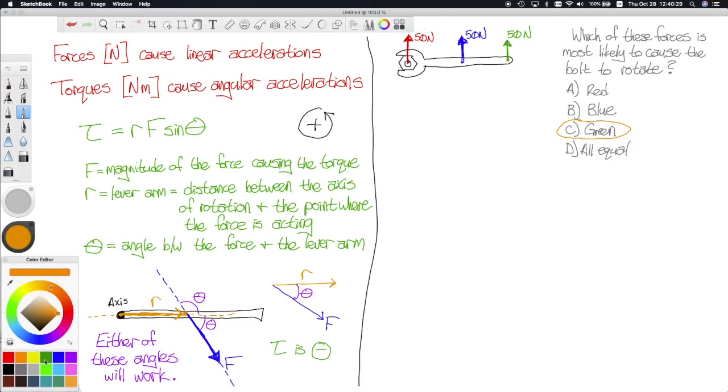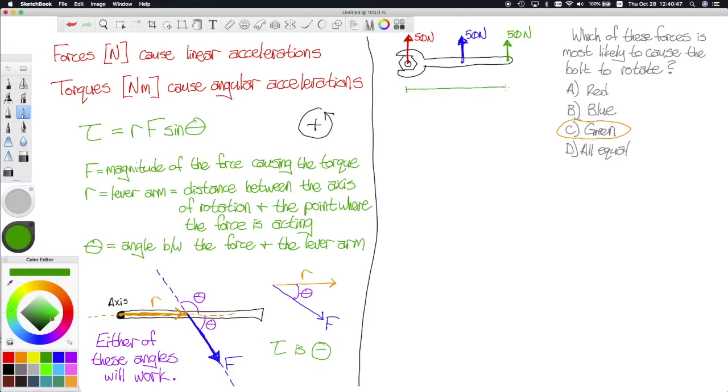The difference here is the different lever arms. All of the forces have the same magnitude of the force. All of them are exerted at the same theta, perpendicular to the lever arm, so theta is 90 degrees. But they're different distances from the axis of rotation.